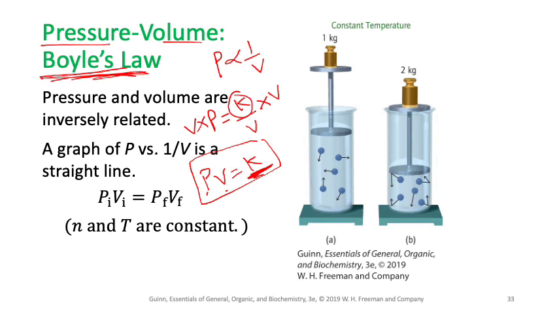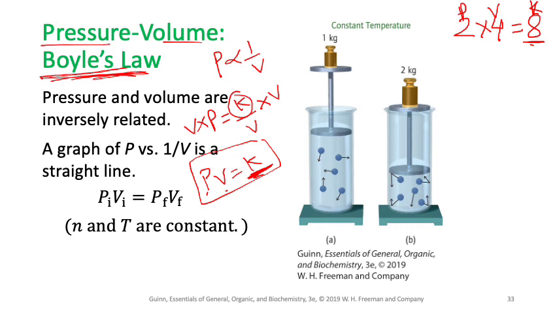For example, 2 times 4 gives you 8, right? This is your pressure, this is your volume, and this is your K. So the constant number is K.